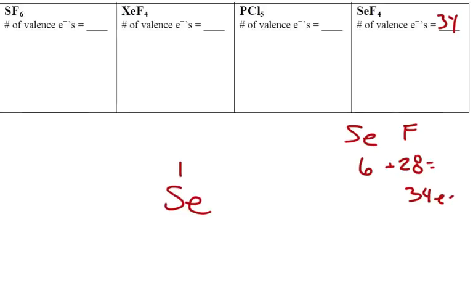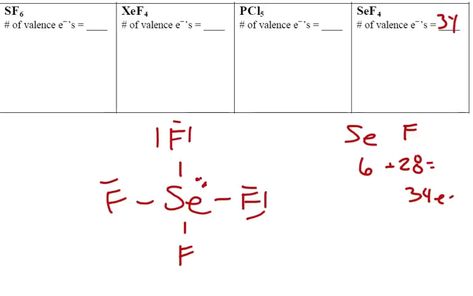It requires 4 of those electrons to hold on the fluorines. That leaves 1 more pair of electrons for selenium, and then we fill in the lone pairs. So that would be the picture here for selenium tetrafluoride.